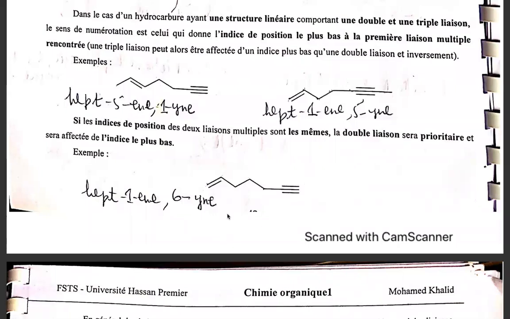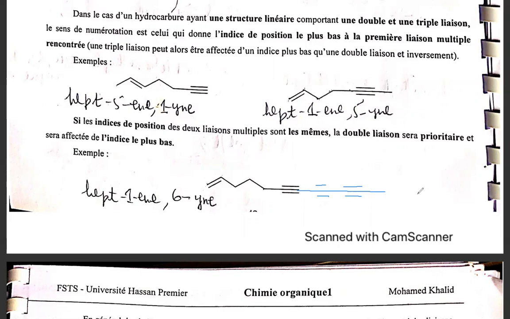Okay, so two triple bonds, right? And how many? One double bond. Okay. Something like this.